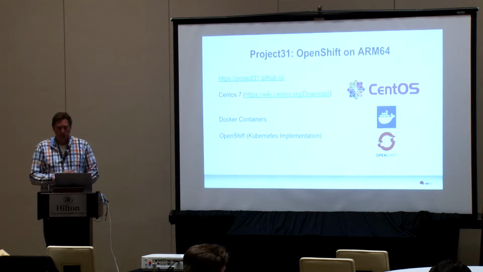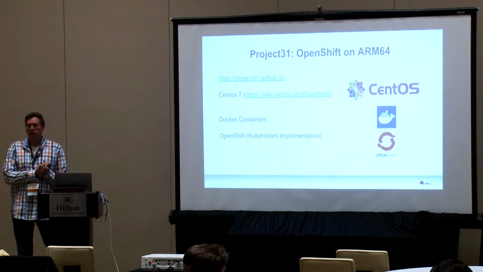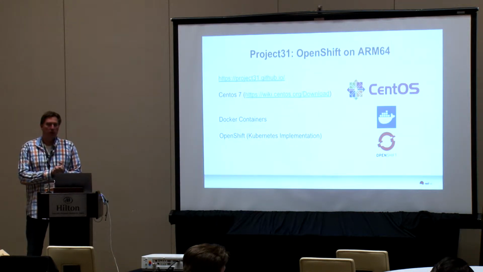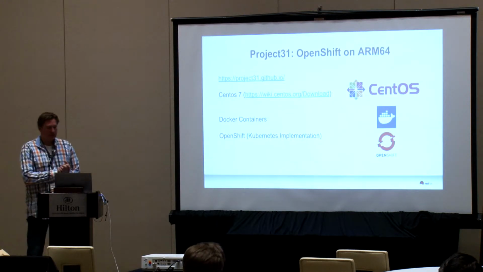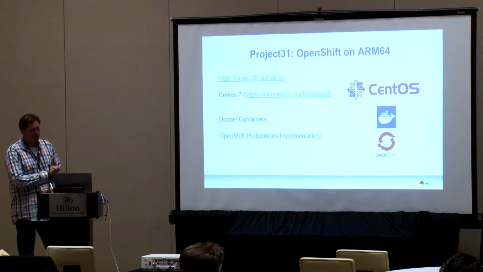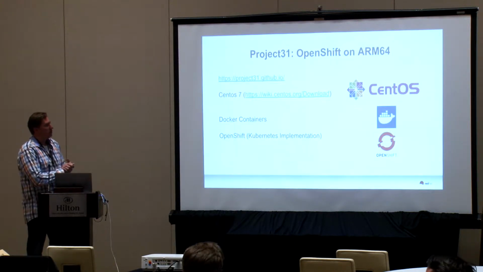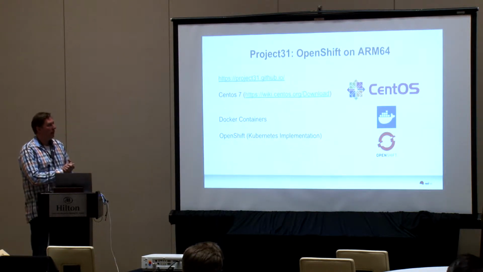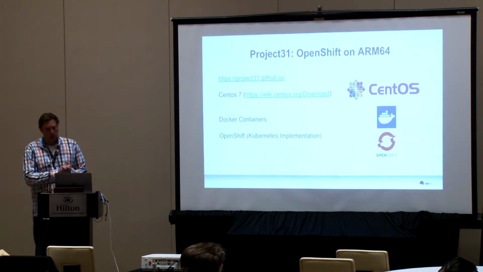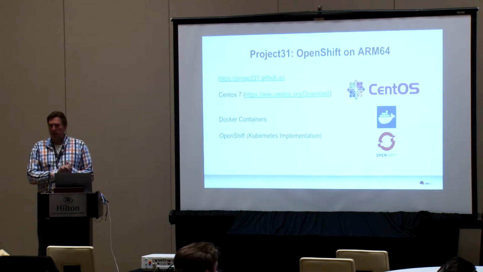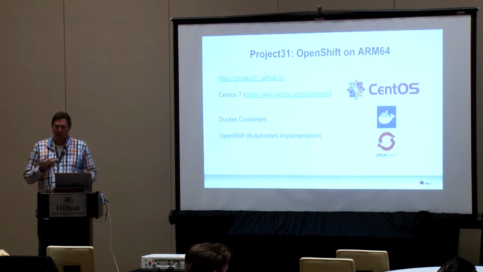So I started project 31. On GitHub, there's a project 31. It's roughly pi cubed is 31, right? So hence the name. In it, I'm describing how to get CentOS 7. I'm from Red Hat, so I like the CentOS distribution.